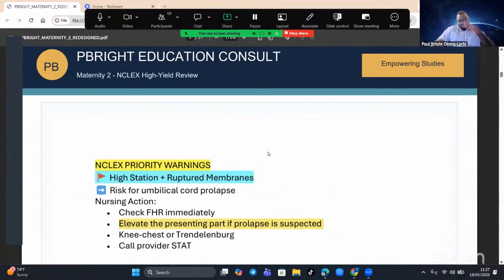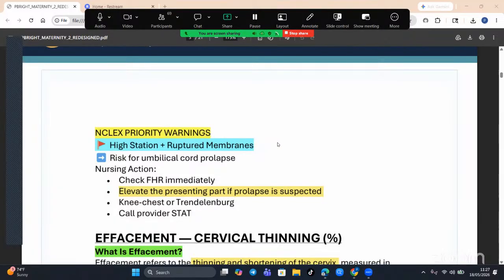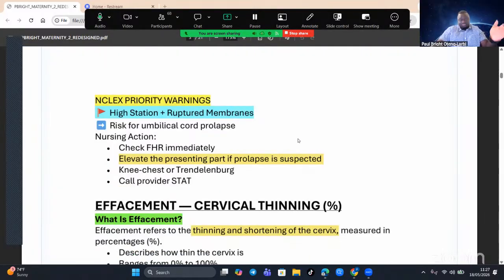Now going forward, those of you who are going to write NCLEX, there's a warning for you. High station plus rupture of membranes is a risk for what? Umbilical cord prolapse. What does this mean?